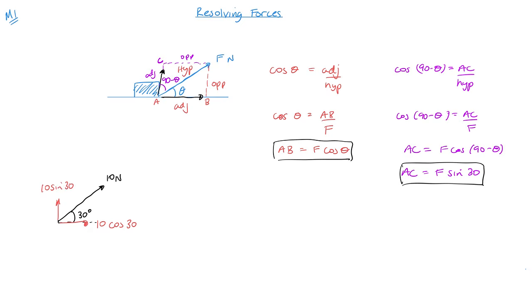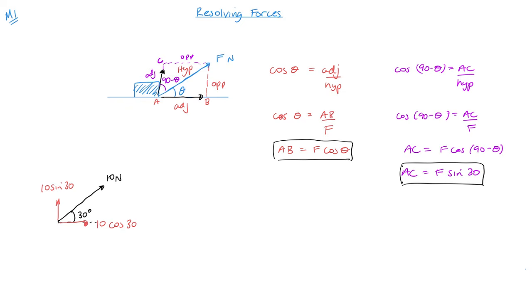It's not really just thinking of cos as always the horizontal one and sine as always the vertical one. Cos is the one that you have the angle for. So it is horizontal in this case because we have that angle theta. And the sine one comes from the 90 minus the angle, which is why it's the vertical one in this case.